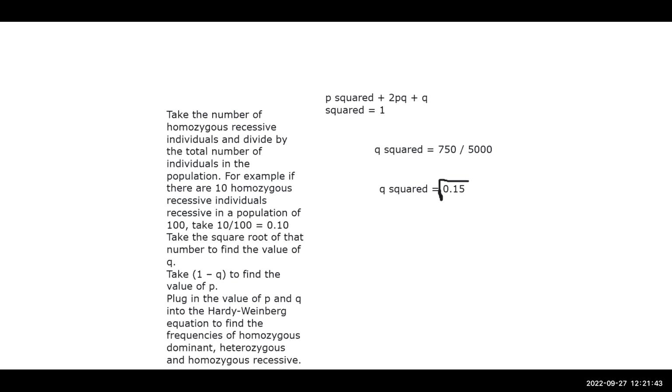So we take that square root. And please excuse my horrible drawing abilities on this whiteboard. But we're taking the square root of 0.15, and then we're going to round that answer to 2 decimal places. And that'll give us the value of just Q. So what's the square root of 0.15 rounded to 2 decimal places?